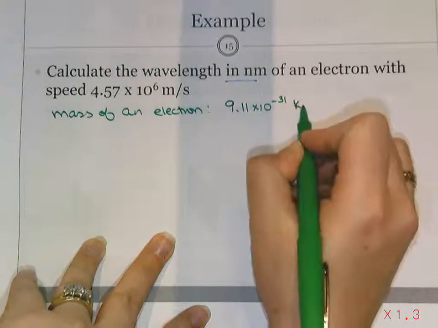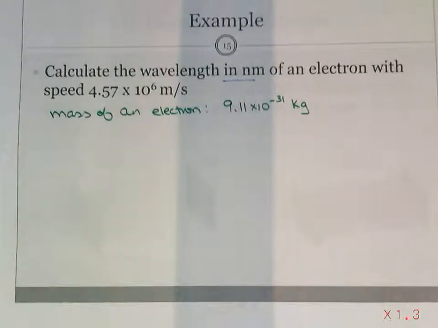All right, so the mass of an electron is 9.11 times 10 to the negative 4th kilograms. So we're going to go ahead and plug that into our equation.